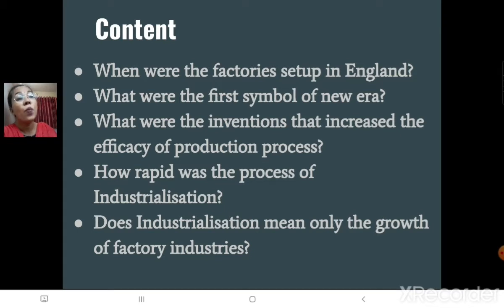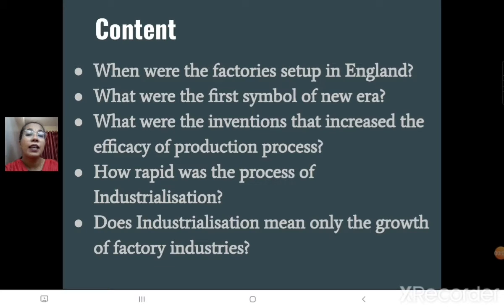Then the inventions that increased the efficiency of the production process. Further, we will also cover the topics to know how rapid was the process of industrialization, and does industrialization mean only the growth of factory industries?